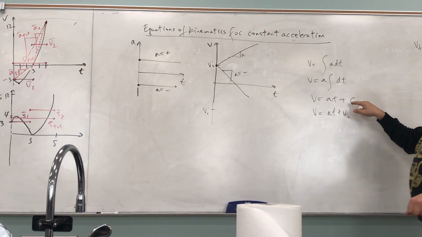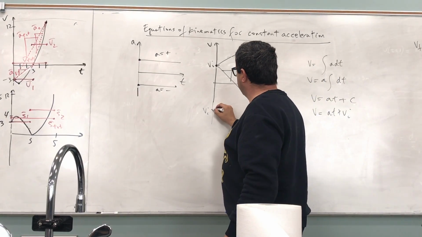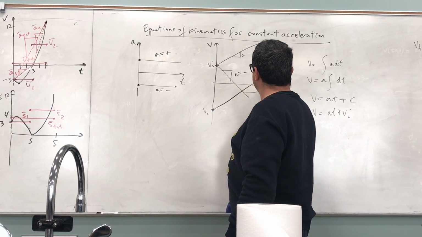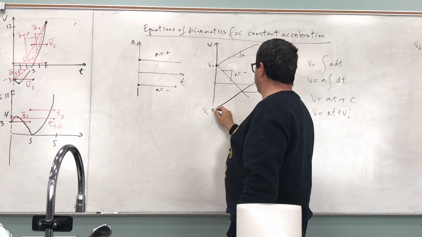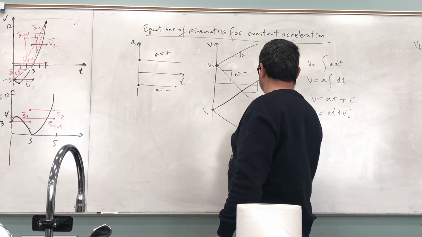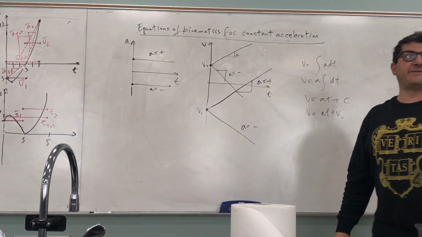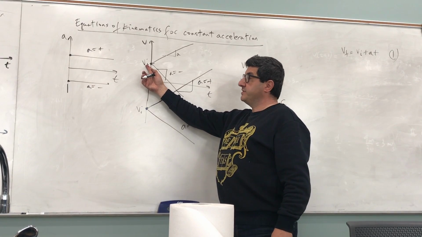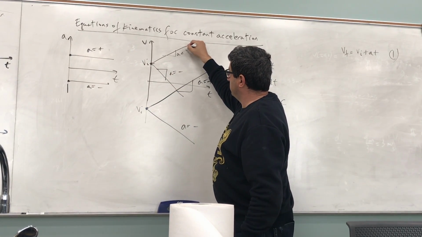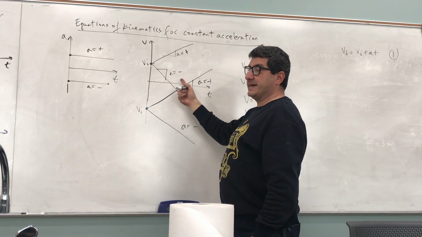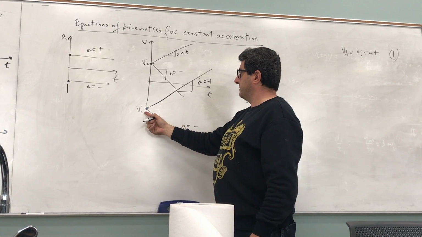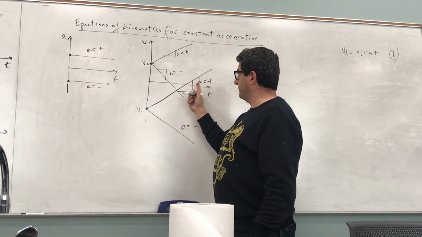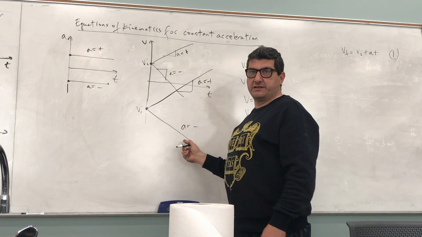So what if you start at negative? Then the acceleration can be positive, or the acceleration is negative. So you literally have 4 cases that could possibly happen: v initial positive, a positive; v initial positive, a negative; v initial negative, a positive; and v initial negative, a negative.